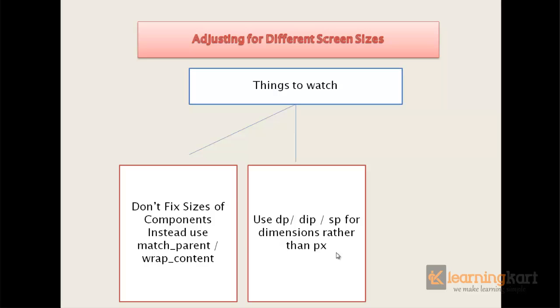Now don't use pixel, rather use density independent pixel or a scale independent pixel. We've already seen this in our earlier lecture, how these are different, what effect it has. So pixel varies from mobile to mobile as per the PPI of the mobile. So the higher the PPI, the smaller will be the pixel size.